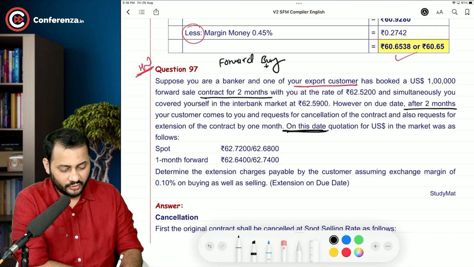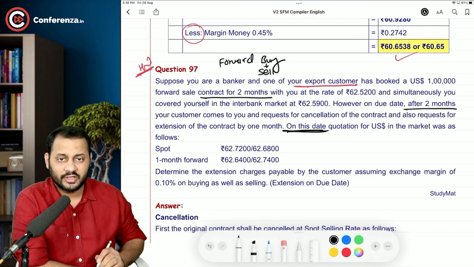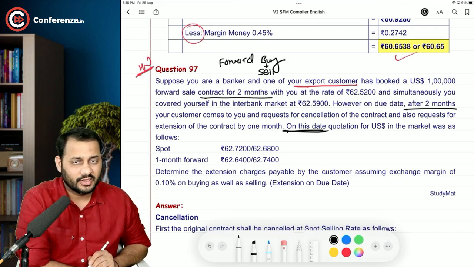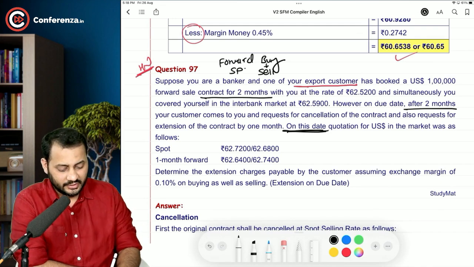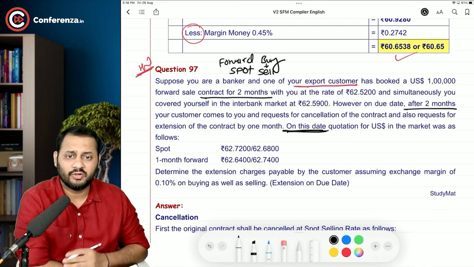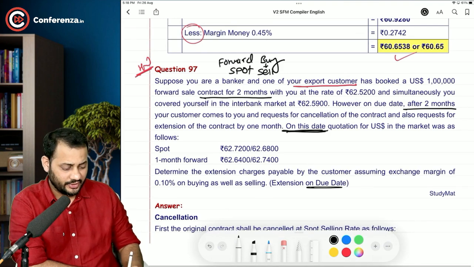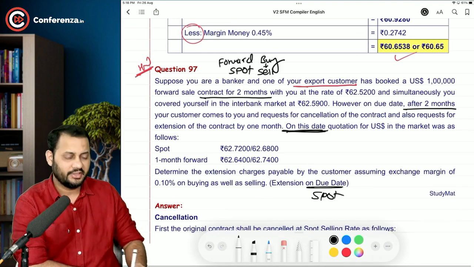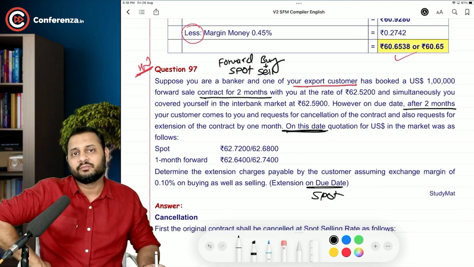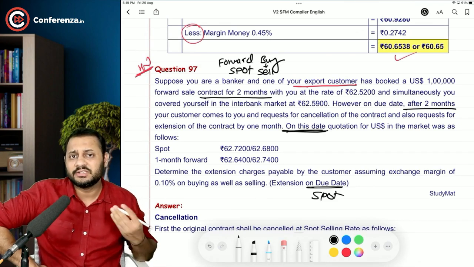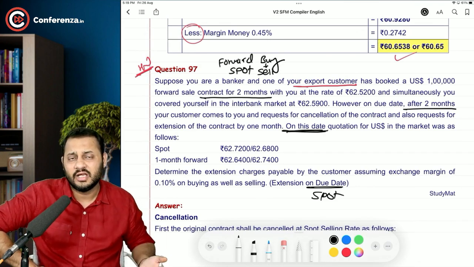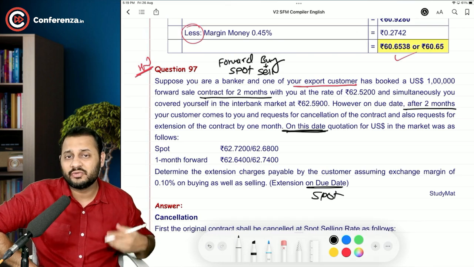On due date, if the bank wants to cancel, the buy contract will be converted to sell, and again it will be spot sell, because it's the extension on due date. On due date you only take the spot rate to cancel, because the original contract is maturing today itself. We have to cancel the contract today itself.